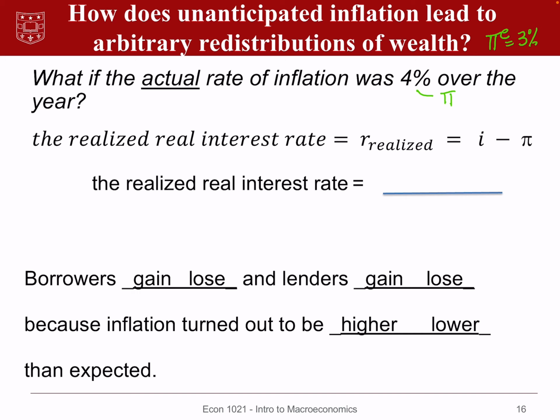So what should you have found? You should have found that the realized real interest rate is the 5% nominal return that you get minus the 4% rate of inflation. And so the realized real return is 1%. Now, what does this mean?